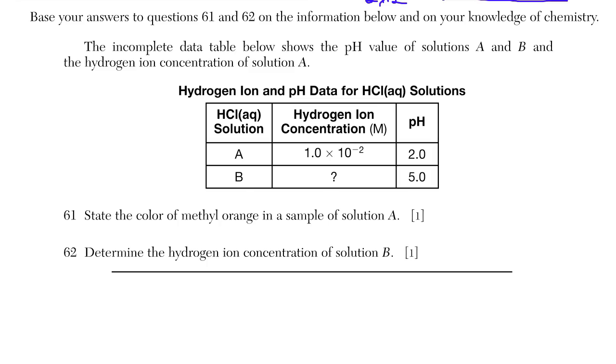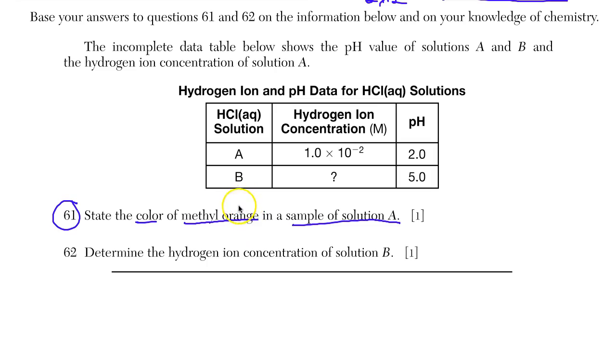Number 61 is based on this chart where we have hydrochloric acid solutions A and B, with concentrations and pHs. The question states, state the color of methyl orange in a sample of solution A. Methyl orange is an acid-base indicator. How do I know that?